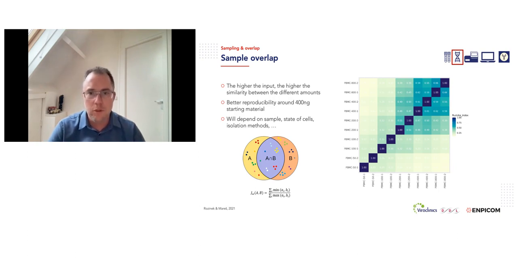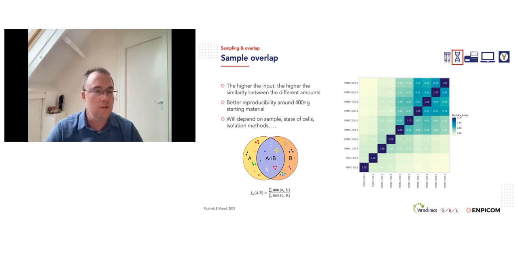And what you can see from this plot is that the more you progress to the upper right corner, the more this is the overlap between samples that were generated from more starting material. You see that the overlap between these samples slowly increases from about 0.2 in the bottom left to about 0.6 or 0.7 in the top right corner.